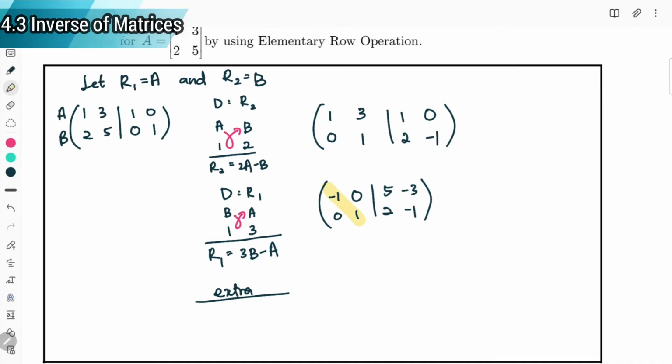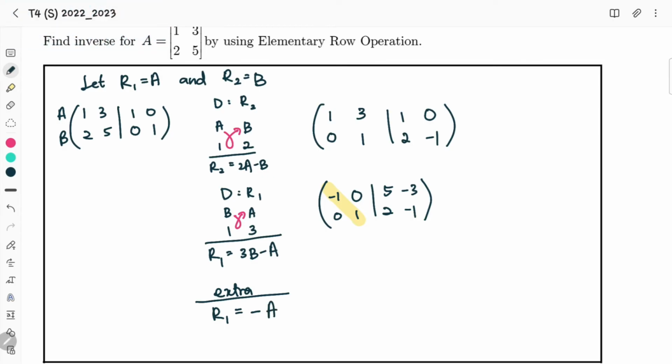So for the final step, focus on the diagonal. I'm going to change the first row by multiplying it by negative 1, so it will be negative A. Row 2 remains, and all the entries in the first row will be multiplied by negative 1.